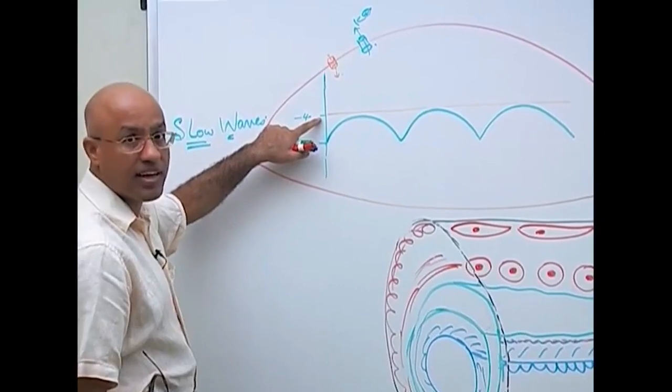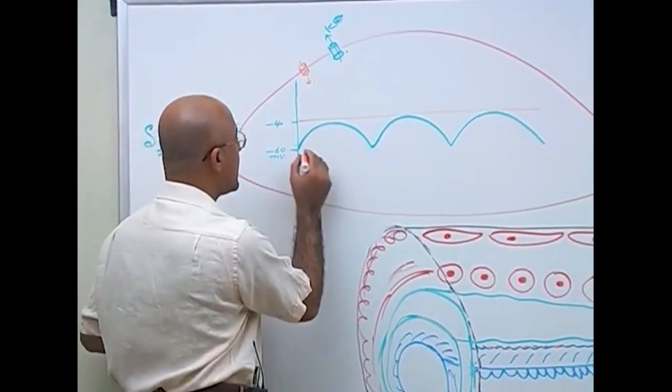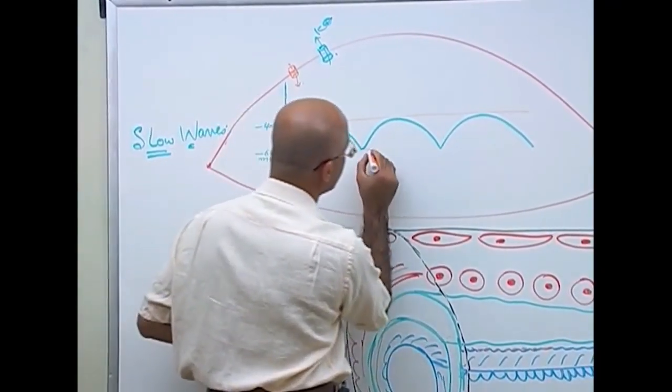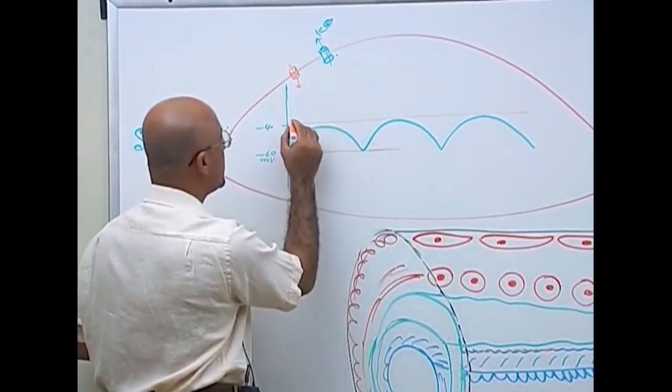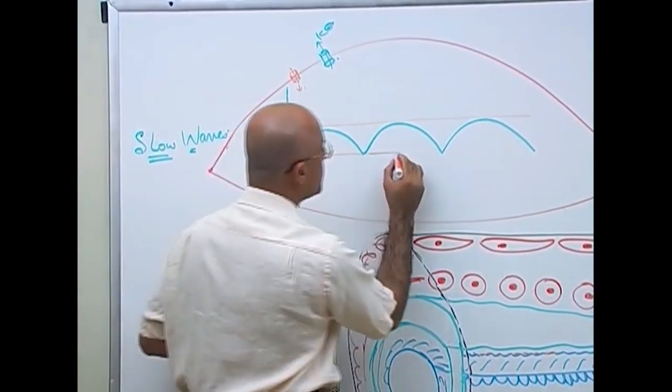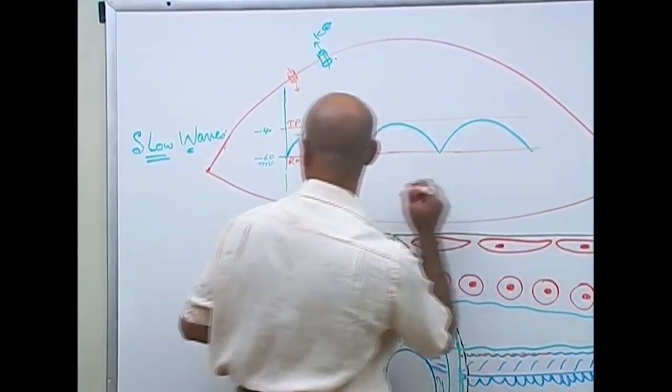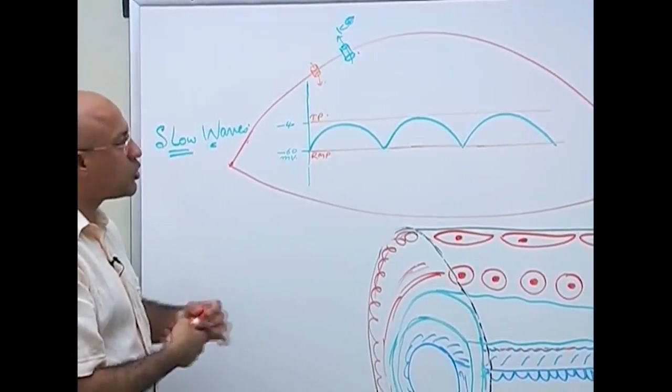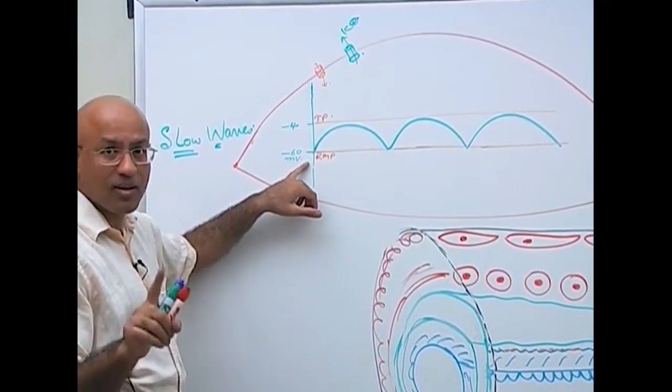This is the resting membrane potential, and this is the threshold potential, and this is the resting membrane potential, which is -60.